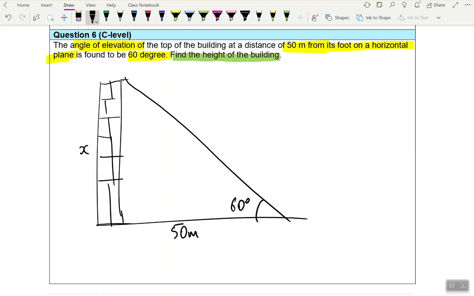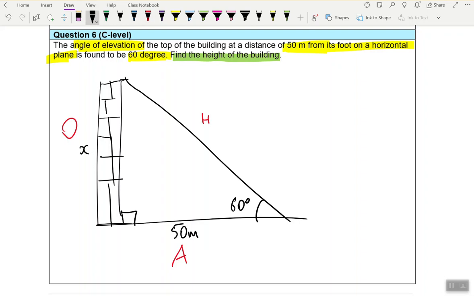From there we can start by labeling our sides. We know that this is going to be a right angle, and so our hypotenuse is there. Opposite this angle of 60 degrees is our opposite side, so we're going to put O there. And lastly, adjacent. Once we've established that, you can write down what you have and what you're looking for.